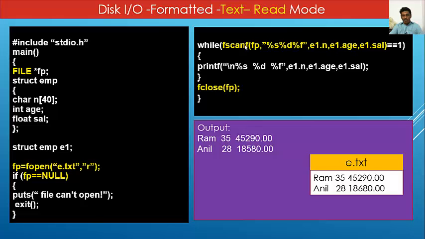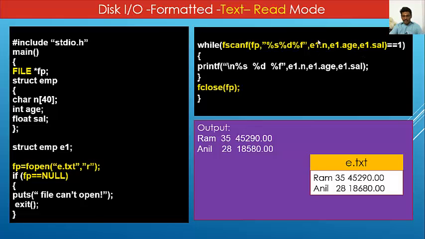Because e1.n is a character array, e1.n refers to the base address of that array, so we don't put the ampersand symbol, as in scanf also. But for e1.age and e1.sal, we must put the ampersand symbol for integer, float and everything else.